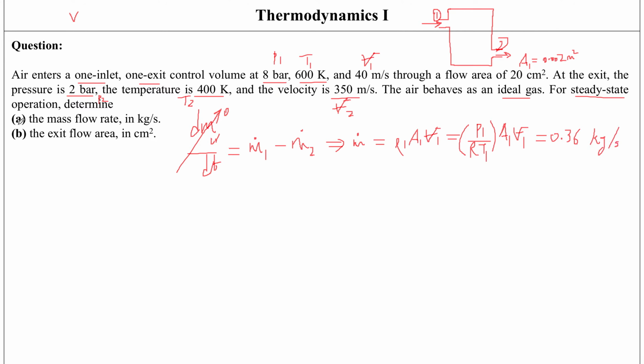So now you've found out the mass flow rate. And now to find out the exit flow area, because you already know that m dot 1 is equal to m dot 2, so from here, what that means is that rho 1 A1 V1 is equal to rho 2 A2 and V2.